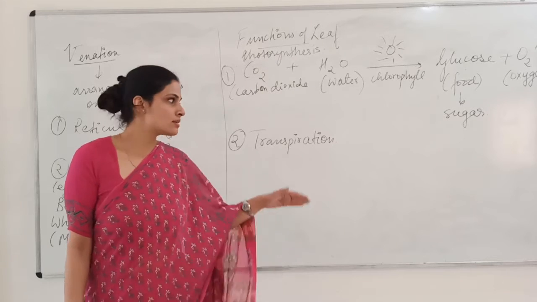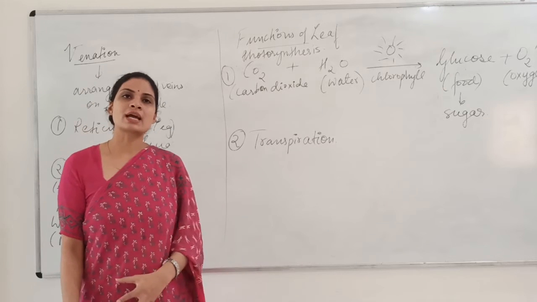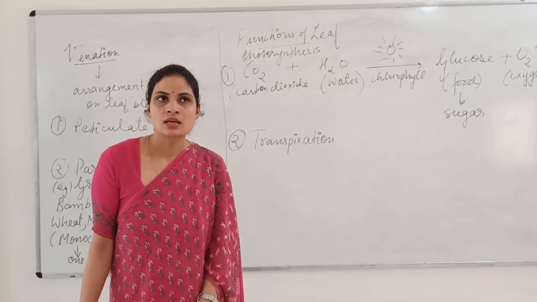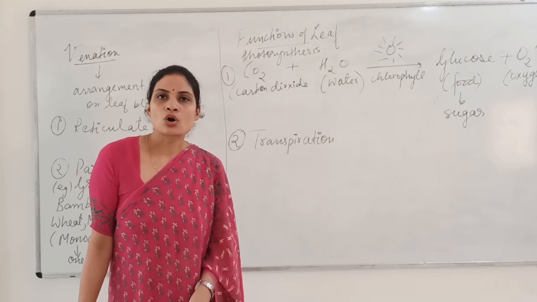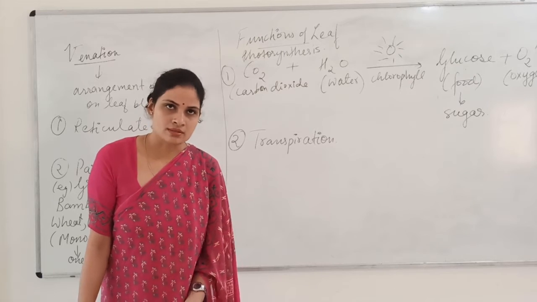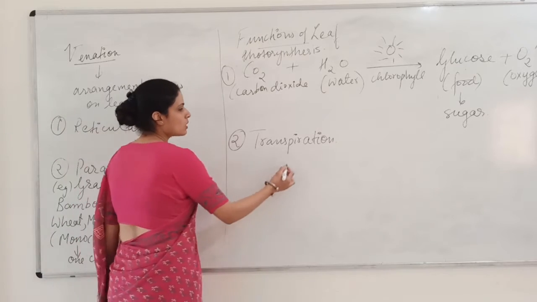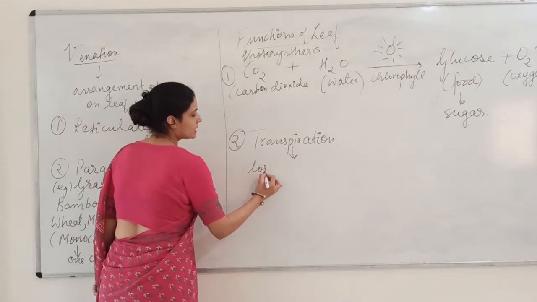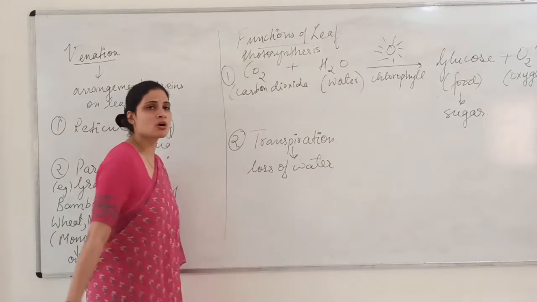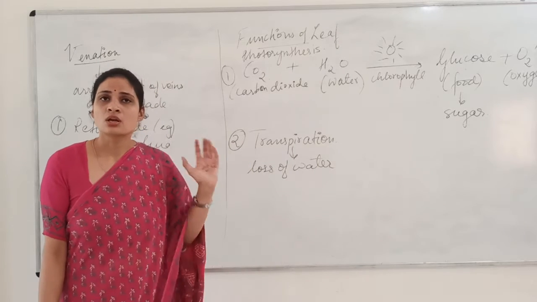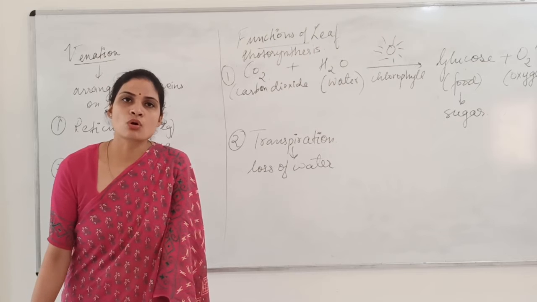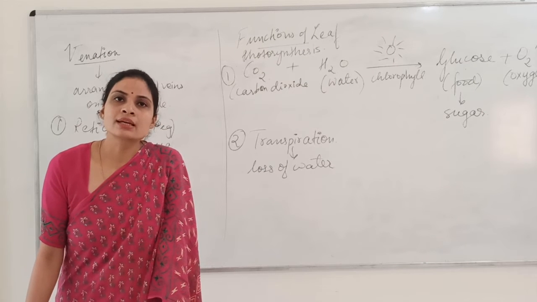Similarly, transpiration is also carried out by these tiny openings present on the leaf surface, and here the loss of water takes place from these tiny openings. The loss of water from these tiny openings is called transpiration. Transpiration generally helps in maintaining the balance of water vapor in the atmosphere.